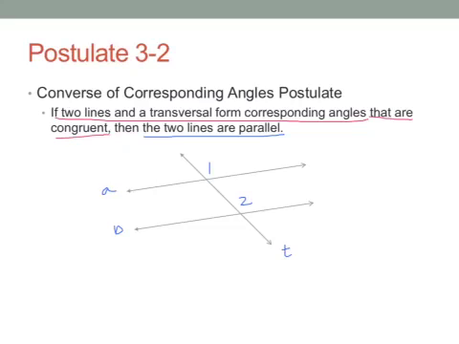If we're given two lines and a transversal and that angle 1 and angle 2 are corresponding angles, then line A is parallel to line B. And so this is the postulate that we use when we are looking to prove that two lines are parallel. To do that, we need two corresponding angles in this configuration.